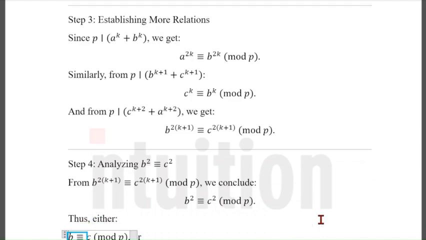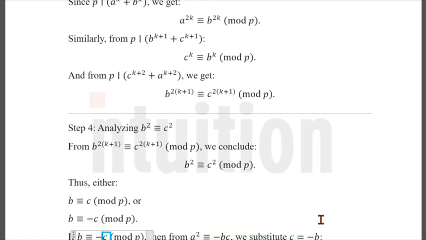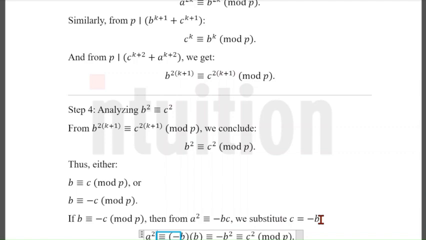Thus, either b ≡ c (mod p) or b ≡ -c (mod p). If b ≡ -c (mod p), then from a² ≡ -bc we substitute c = -b. a² ≡ (-b)(c) ≡ -b² ≡ c² (mod p).